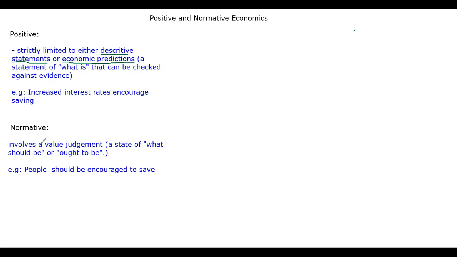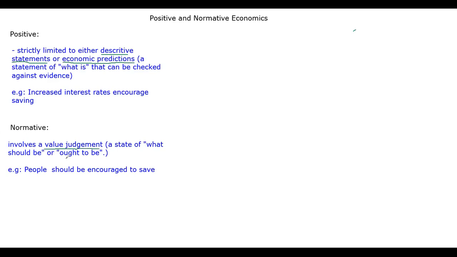So if you look at normative, it involves a value judgment, a statement of what should be or ought to be. If you're talking about what should be, what ought to be, there's no real correct answer. If anything, it's a question for debate rather than something you can objectively determine or prove with the economic evidence available, right?